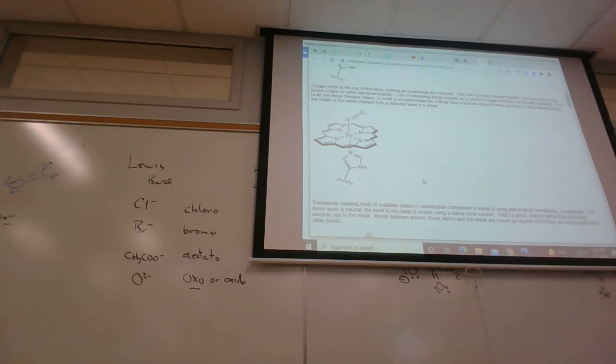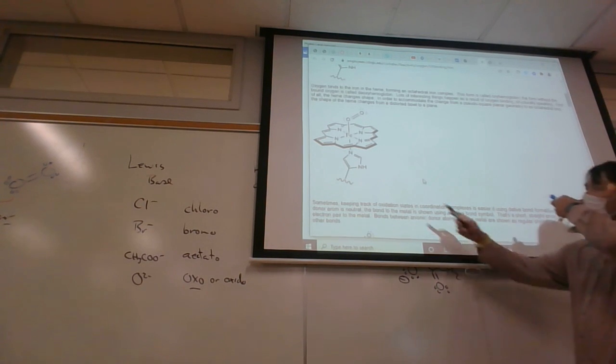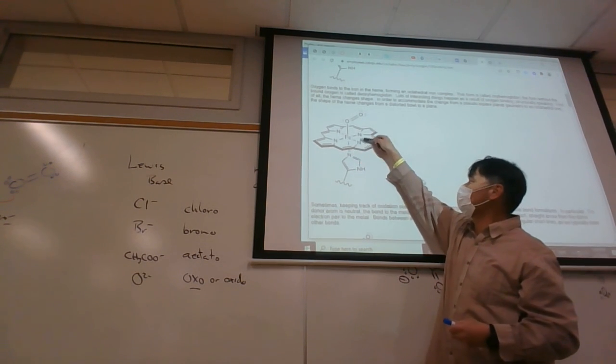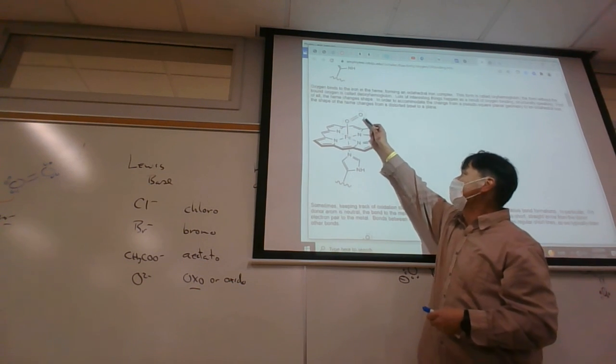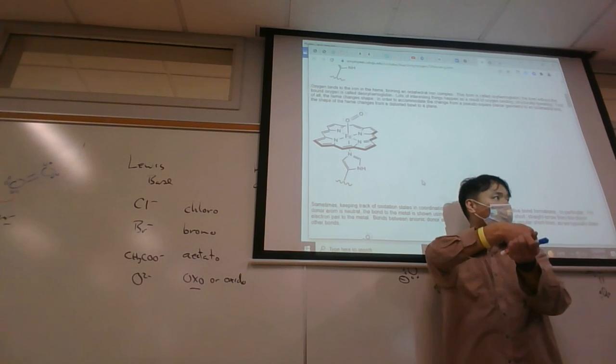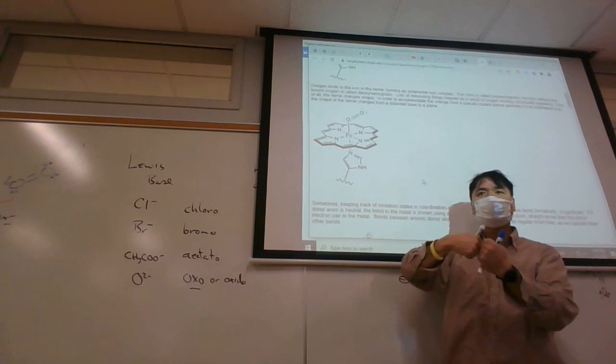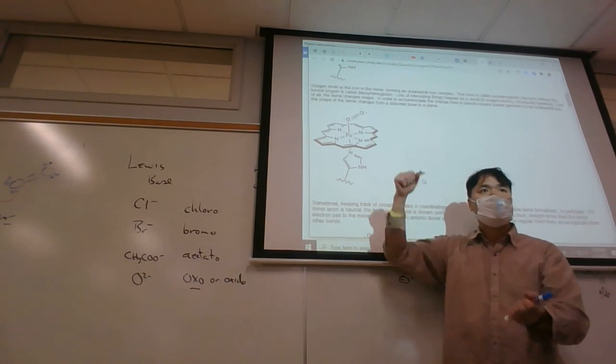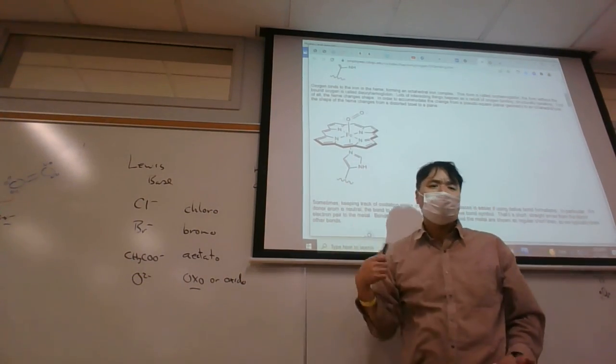So we get a complex like this. The iron has these 5 nitrogens, and then the oxygen comes along and complexes with it. And then eventually this is transported and the oxygen breaks off. But oxygen is not a very good Lewis base. There's much better Lewis bases.